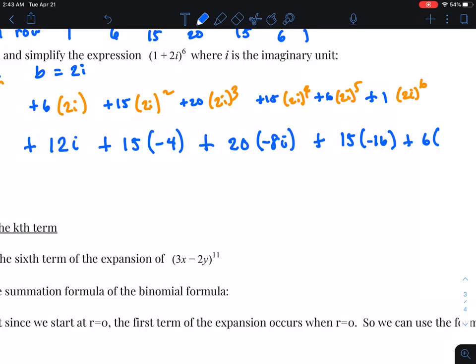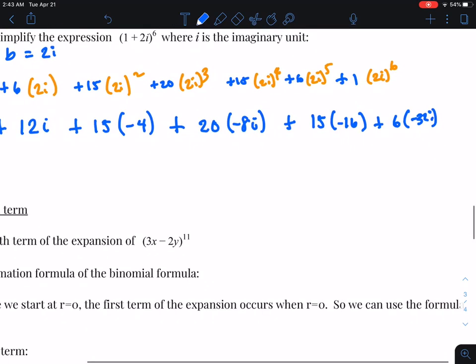So that's going to be negative 32i. And that will be minus 2 to the 6th is 64.